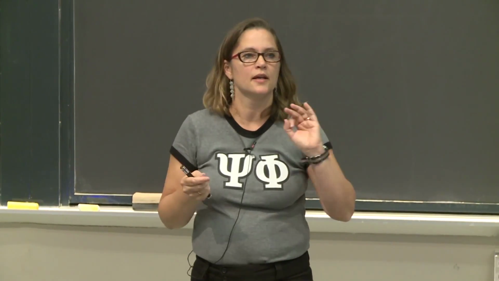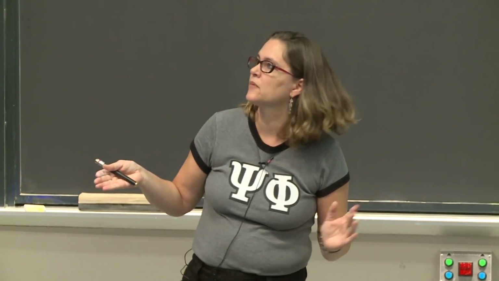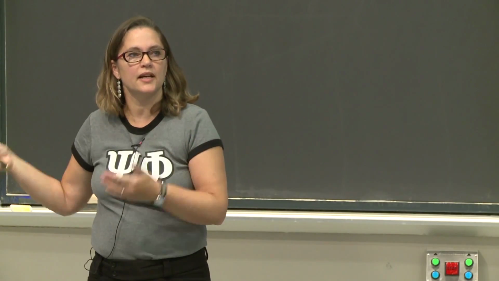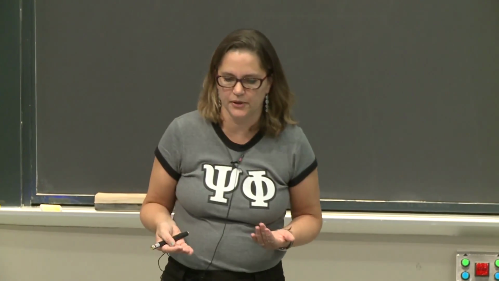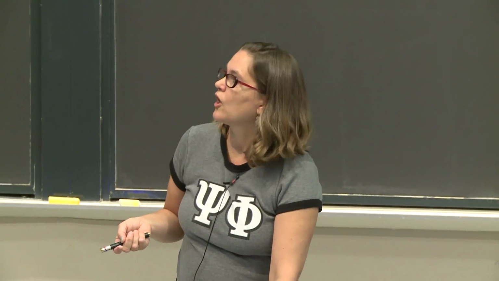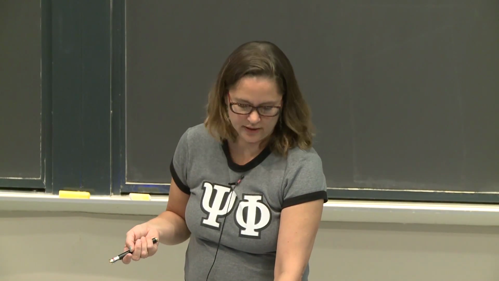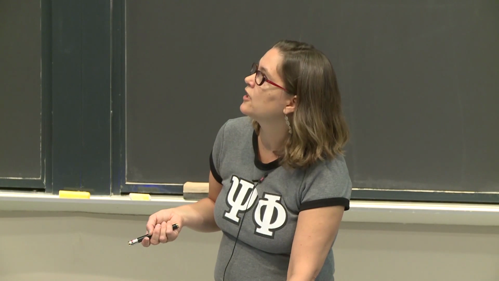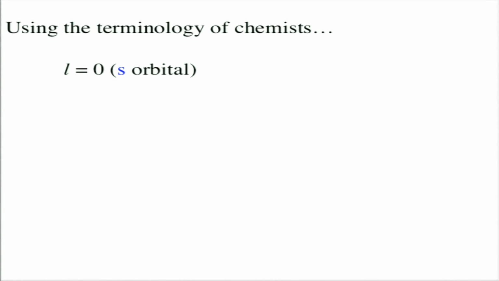We can say, oh, that's pz, for example. So we need all of these three numbers to define the orbital. And this is in then the chemistry lingo. All right, also a little bit more chemistry lingo. So here we have L equals 0. So that is the s orbital.